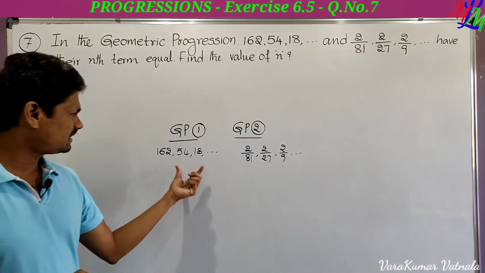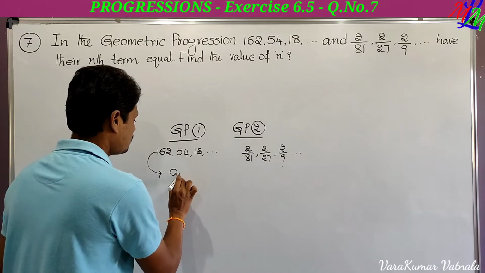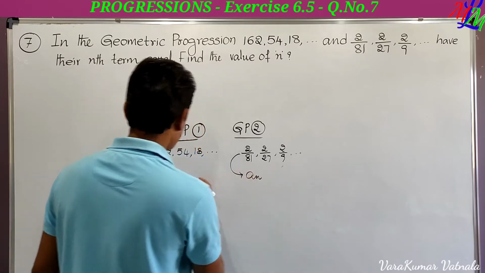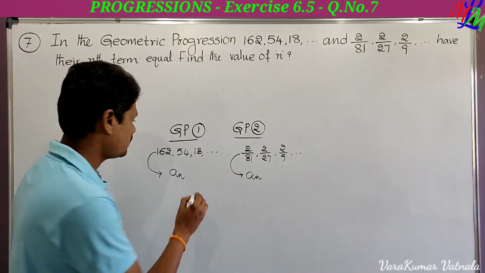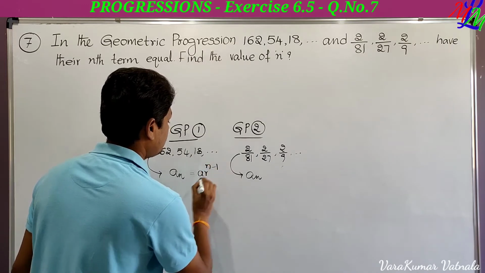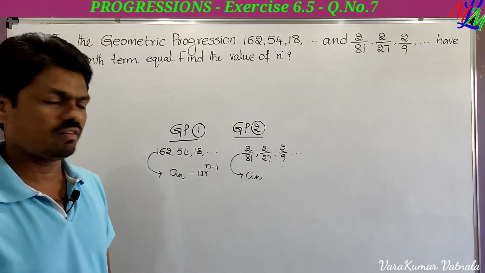He is saying that the nth terms of these two are equal. The nth term of the first one is an, and here also an. How can we write the nth term of a geometric progression? a into r to the power n minus 1. We have the a value and we can find the r value here.